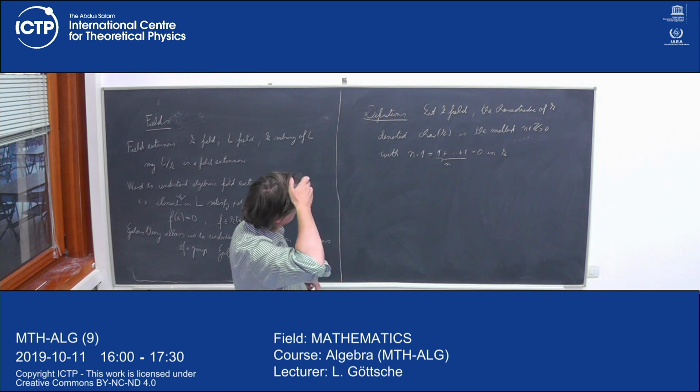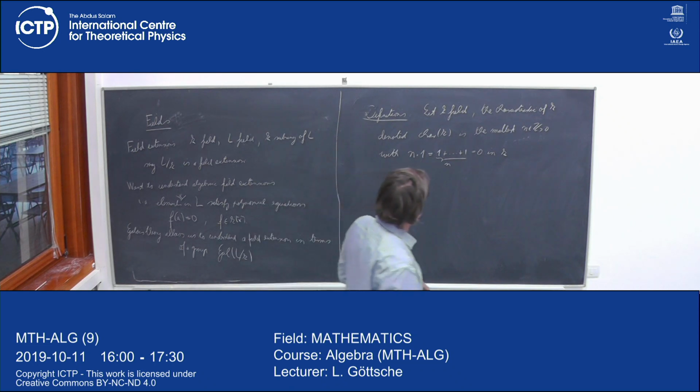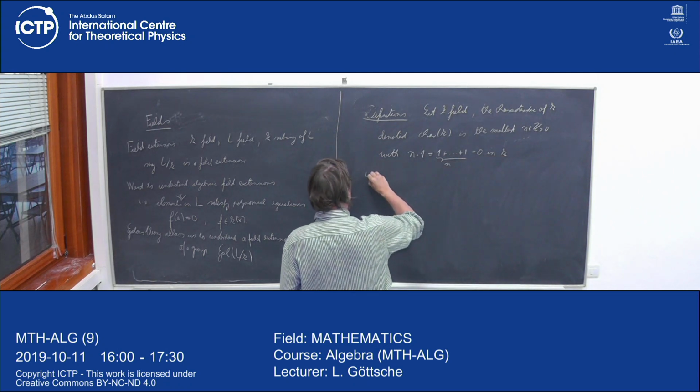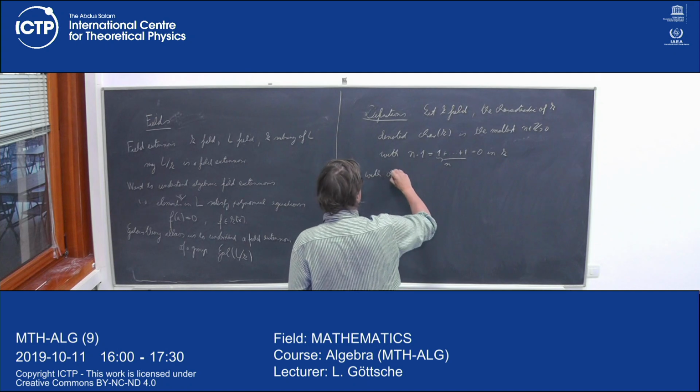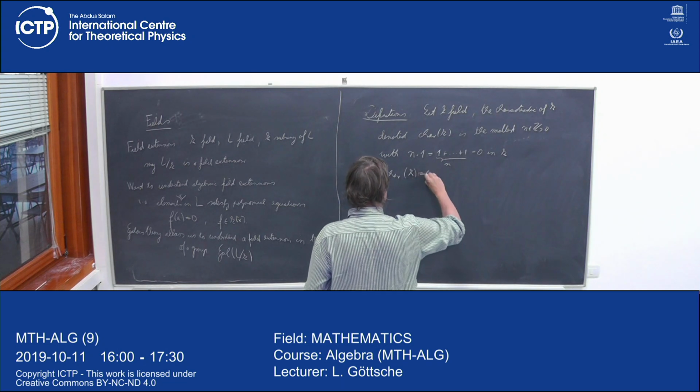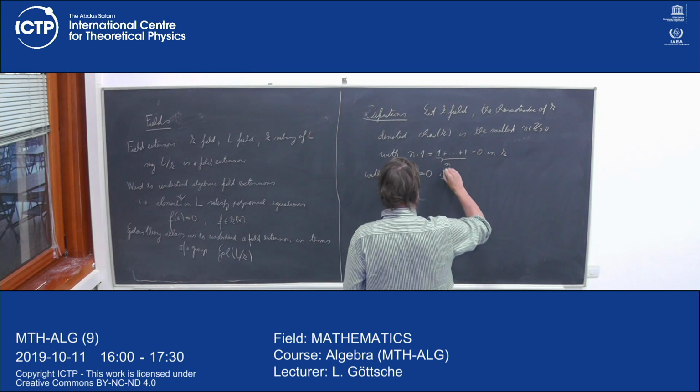For instance, in the rational numbers, n times 1 is never 0. So the characteristic of K is defined to be 0 if no such n exists.